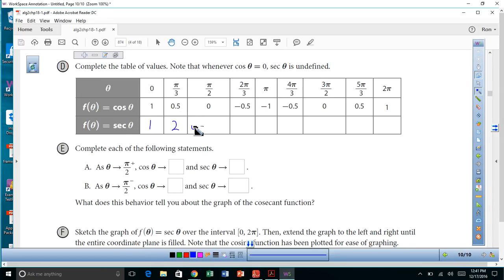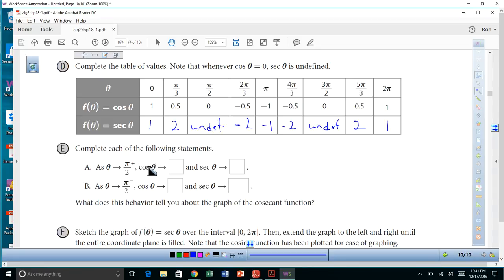Since that's 0, that's undefined. That's going to be -2, -1, -2, undefined, +2, 1.